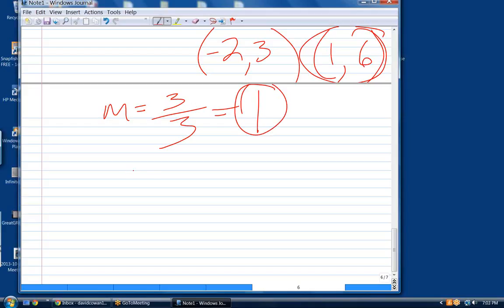So this will be y minus, and we can just choose any point, right? Either one. So I'll do 6. I would do this one also because they're both positive numbers. Equals 1 times x minus 1.